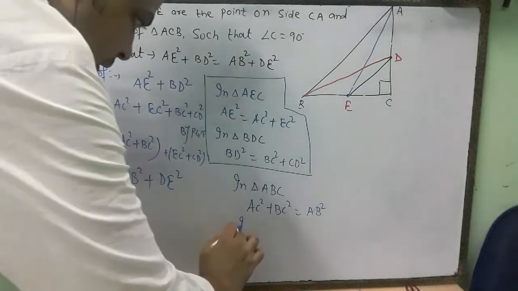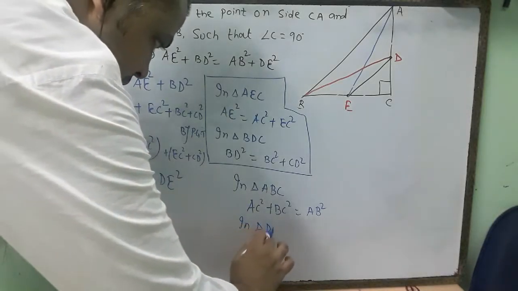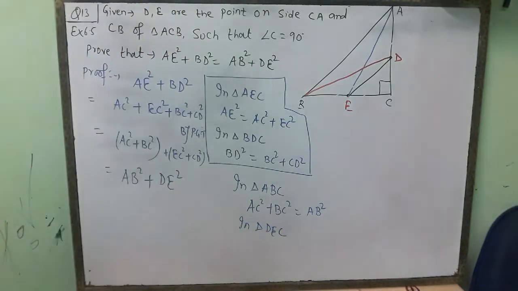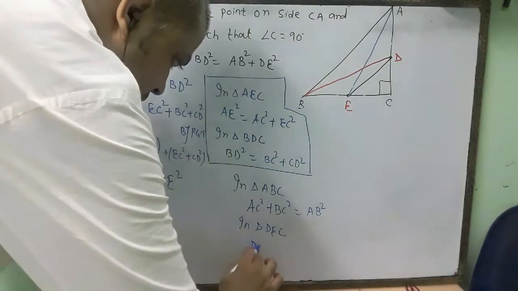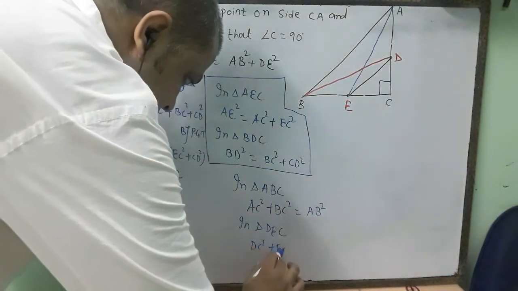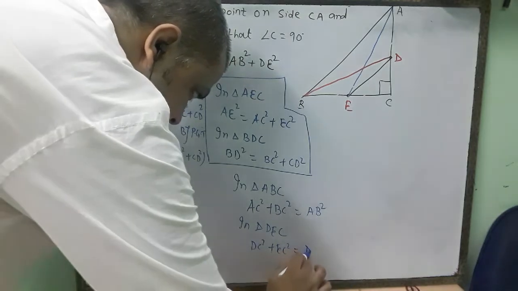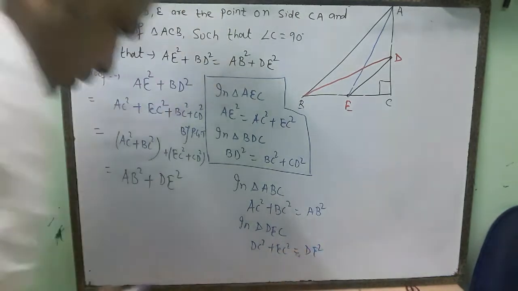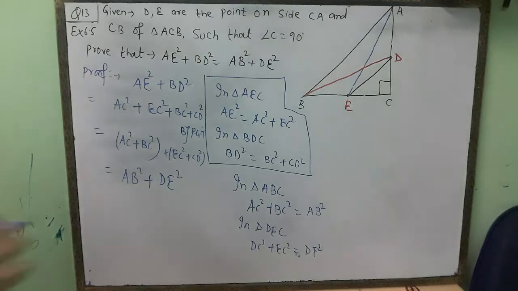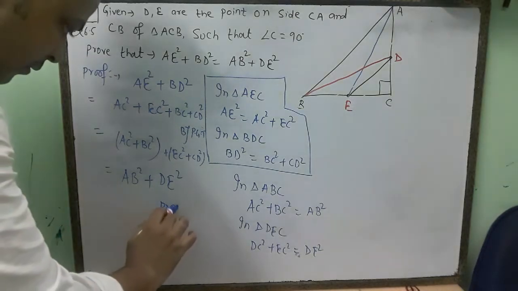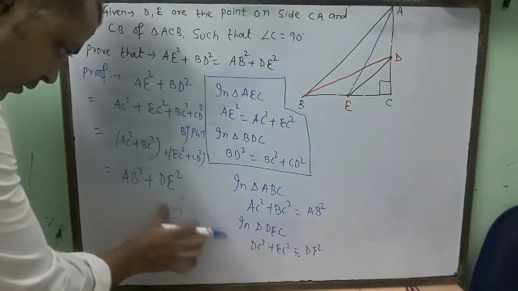And in triangle DEC, DC square plus EC square is equal to DE square by Pythagoras theorem. This is the proof of question number 13.